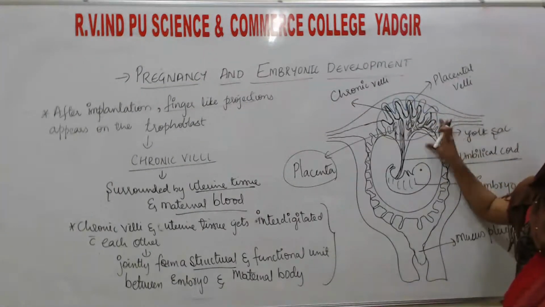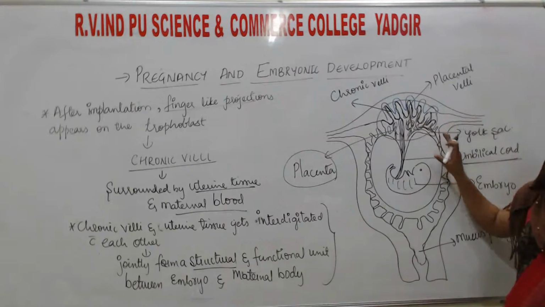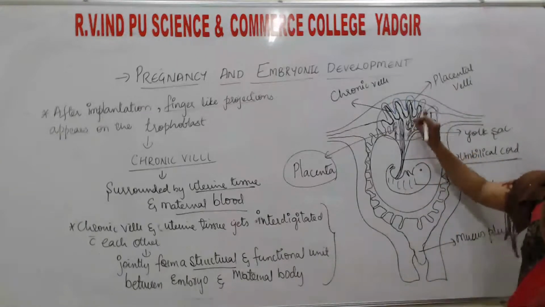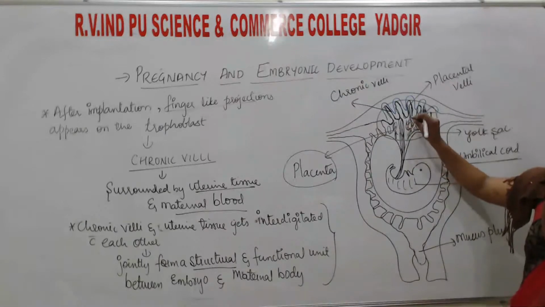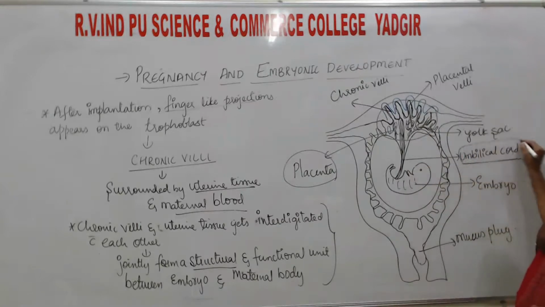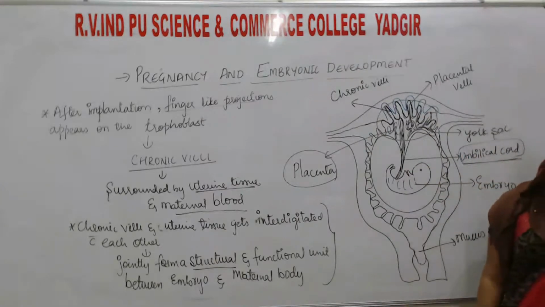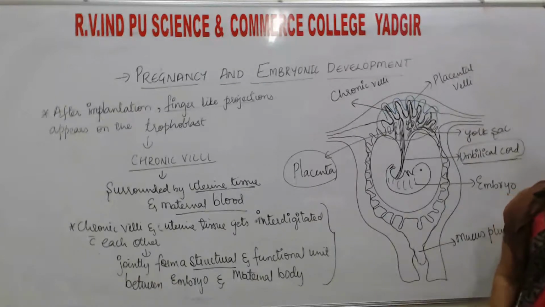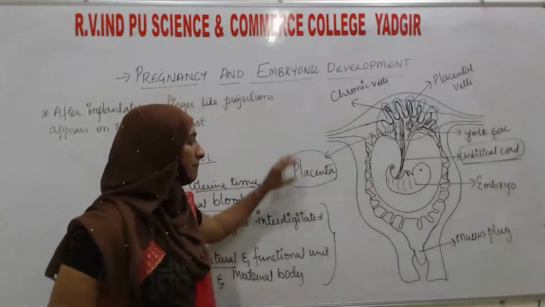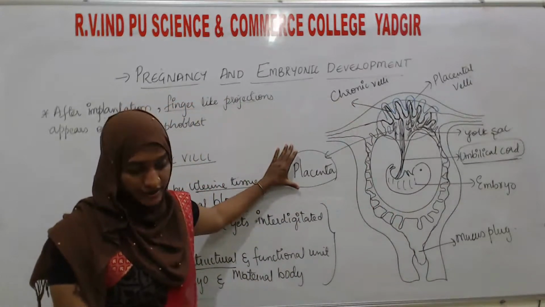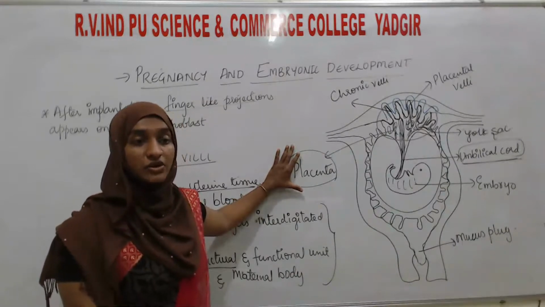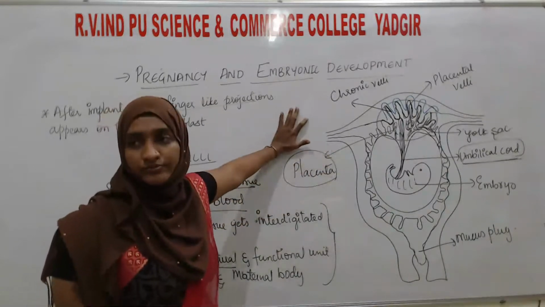So the placenta plays a very important role during embryonic development, because the food reaches the placenta from the mother's body, then goes to the embryo through a connection known as the umbilical cord. The placenta supplies oxygen and nutrients to the developing embryo.